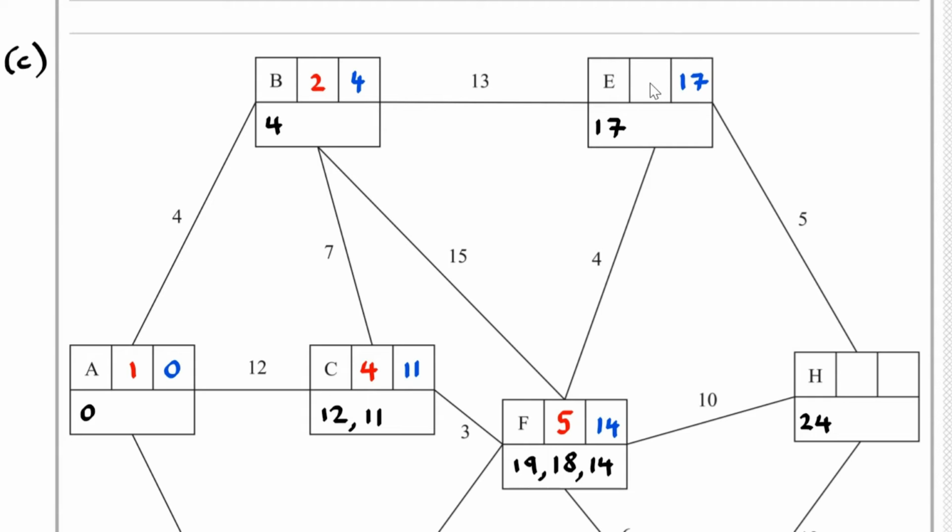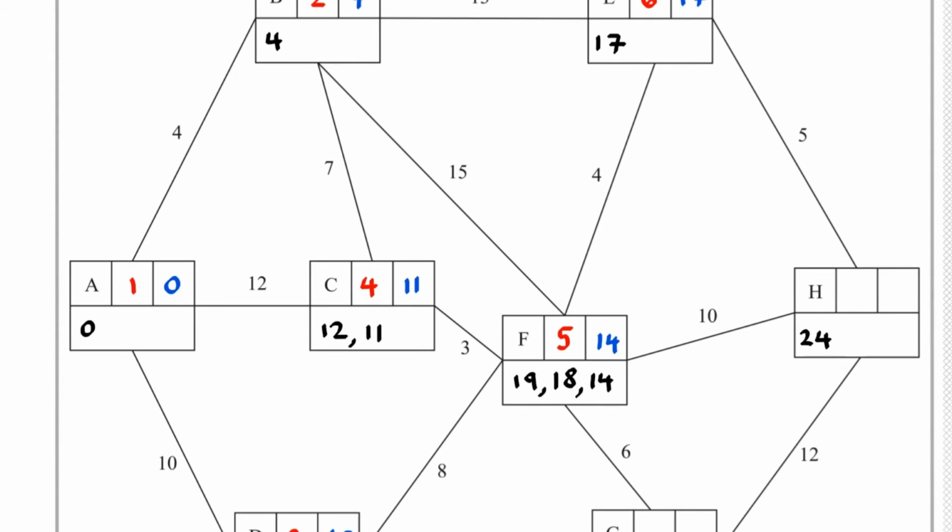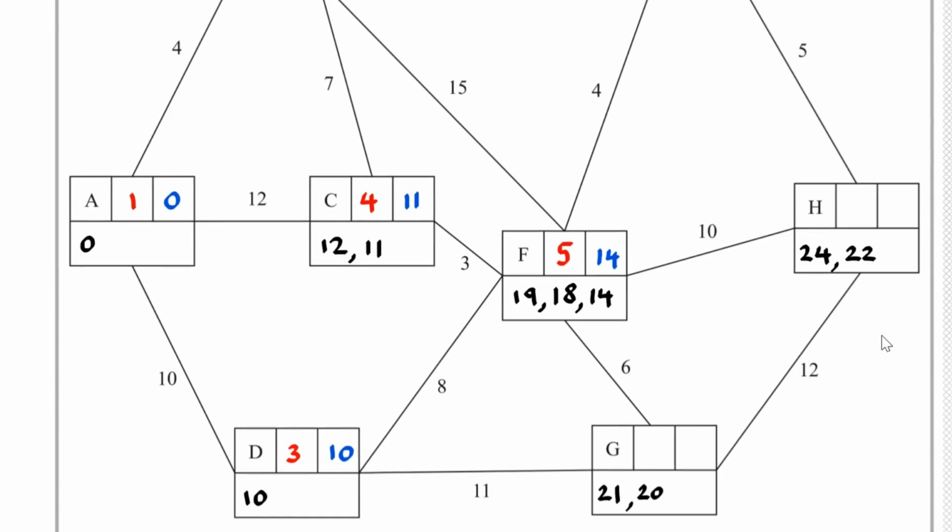E has order of labeling 6. 17 plus 5 is 22. And the smaller one from the 22 and the 20 is the 20. So 20 would go here.